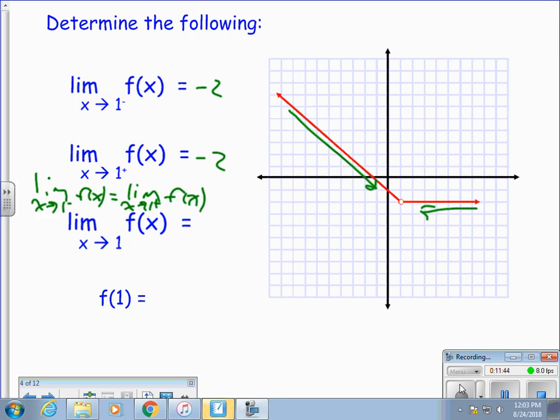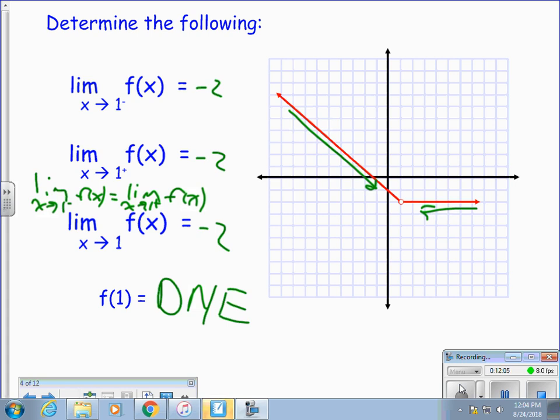So therefore, the limit as x approaches 1 is -2. What is f of 1? Does not exist. D, N, E, does not exist. The limit and the function do not have to have the same values.